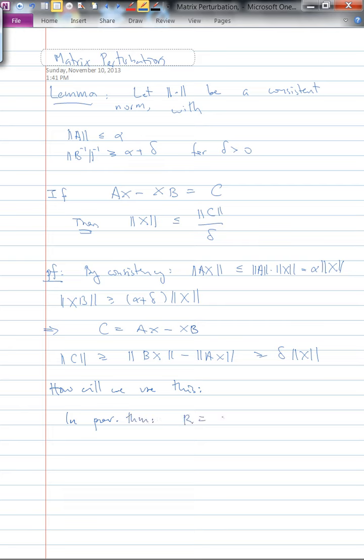We had R was equal to AZ minus ZM, and we were using the bound on the norm of R. So here we'll need to translate the lemma's assumptions on A and V into eigenvalue conditions.